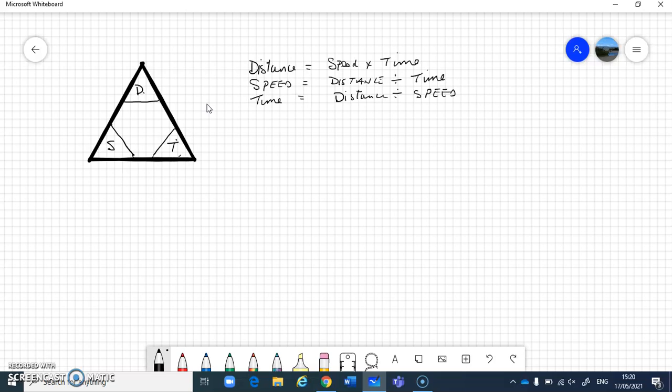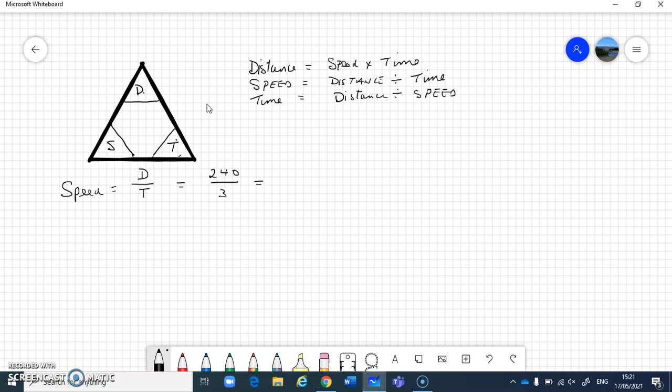We're looking for speed. So the first thing I would write down is speed. What's the formula for speed? Well, speed is equal to distance, which is D, divided by T, which is time. And here we're given both these pieces of information. So distance is 240 kilometers, and the time is 3 hours.